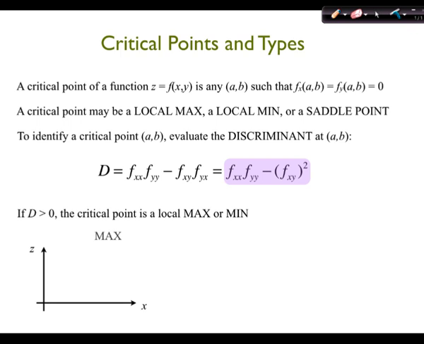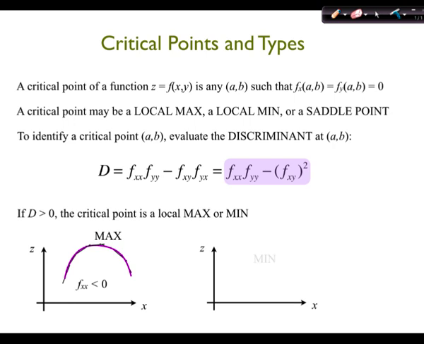We already talked about this: a max is when the second derivative is negative, because the rate is decreasing.